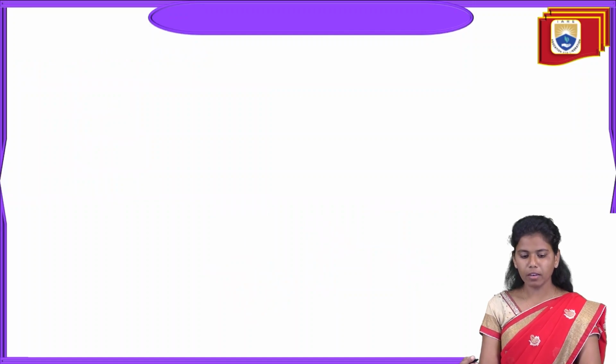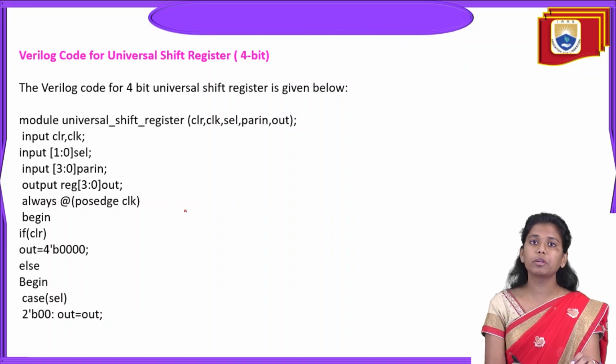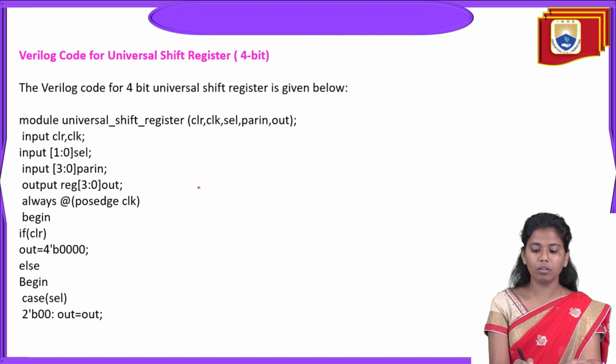Okay, and then the Verilog code. Coming to the Verilog code, it is a 4-bit universal shift register. We start with the keyword module, the instance name shift register, and the port list.